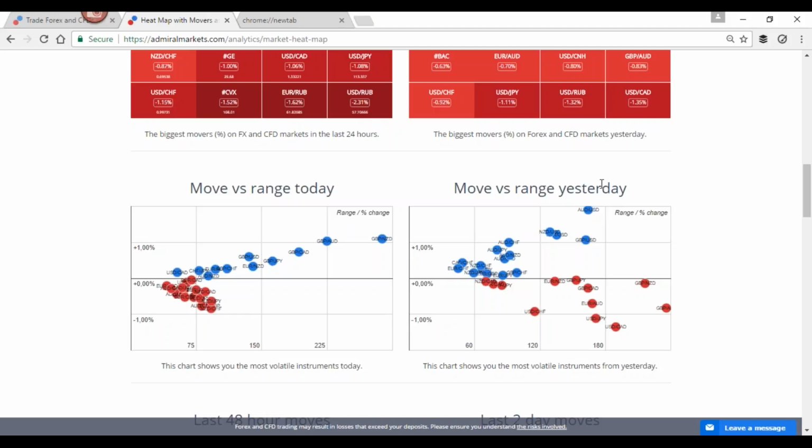Typically, some pairs are going to do more volatility than others, but it also depends on the market structure, on the momentum and trend that's going on, and in some cases, other pairs could show more movement than the pound yen. So on average, yes, pound yen is going to be in the top many times. But it's good to keep an eye on the market structure and see if that sometimes is going to change.